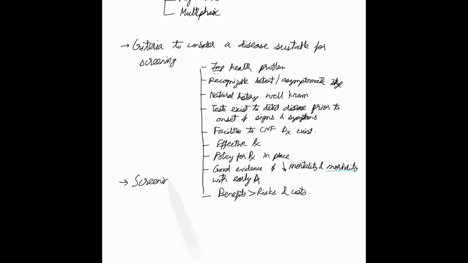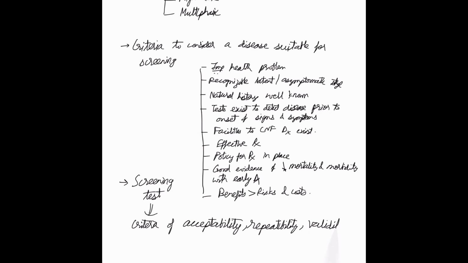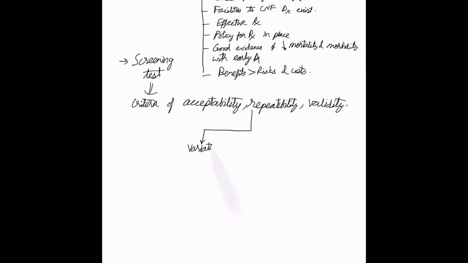So any screening test for that matter must satisfy the criteria of acceptability, repeatability, and validity. Repeatability of a screening test is influenced by various types of variations, in which you have inter-observer variation and intra-observer variation, and then biological or subject variation and technical variation.